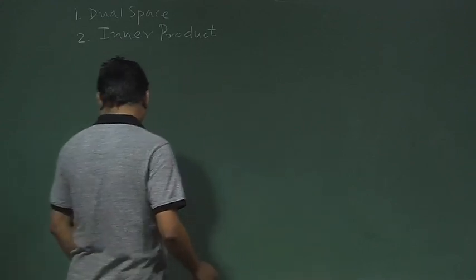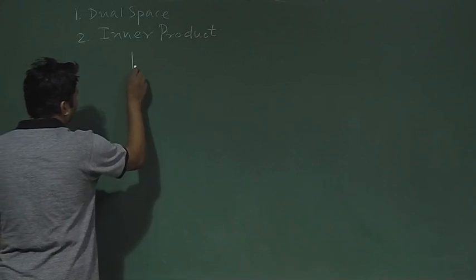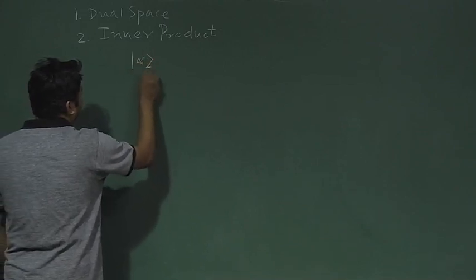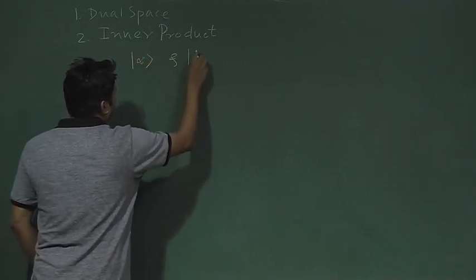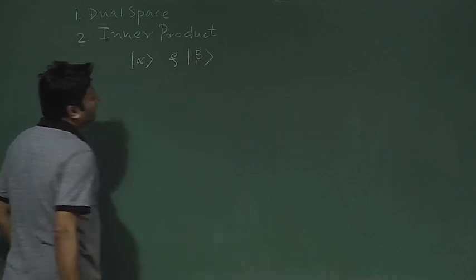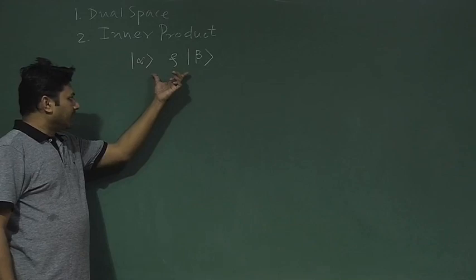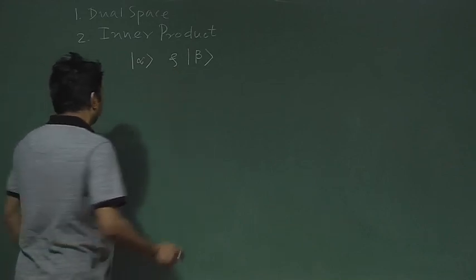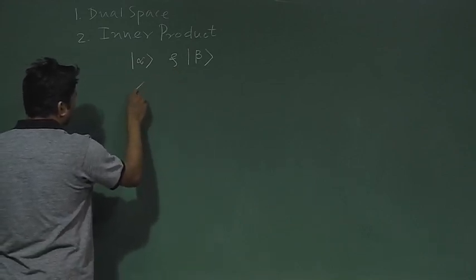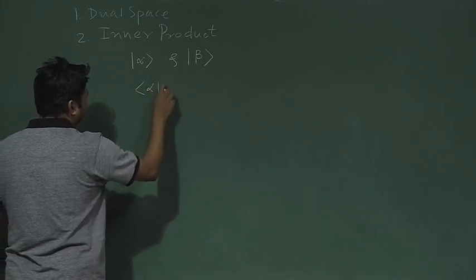If you remember, if two vectors, say alpha and beta, are given in a vector space, these are elements of the vector space, then the inner product is defined by, say, (alpha, beta).